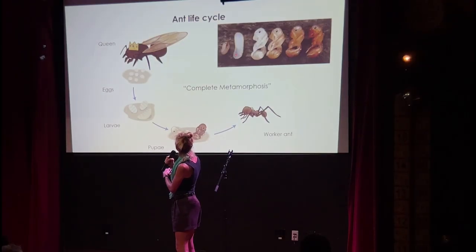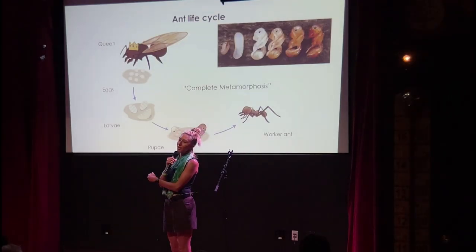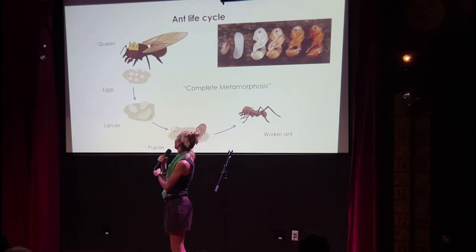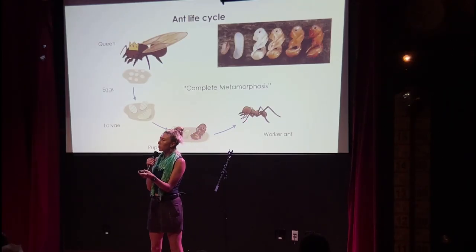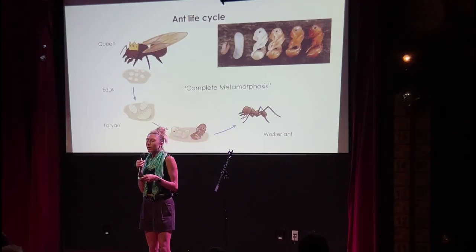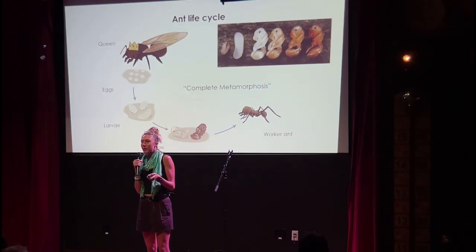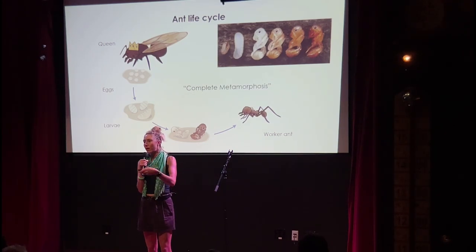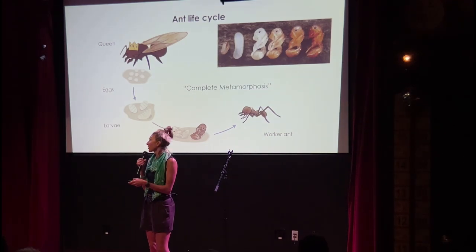They're inside the garden, and if you see one, you're also probably getting bitten at the same time. So these are also the pupa, and here we have a queen lay the egg, get the larva, then the pupa, and now we have our worker ant. This is what we call complete metamorphosis, versus incomplete metamorphosis, which is what you'd see in a grasshopper. A baby grasshopper looks basically the same as an adult grasshopper.